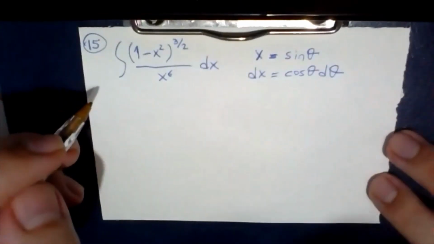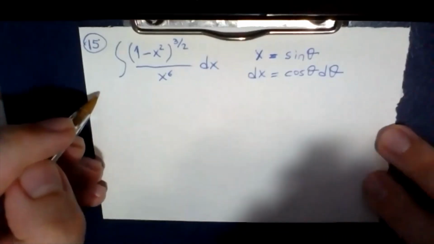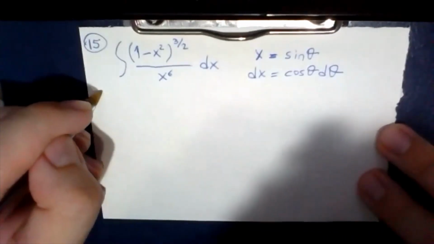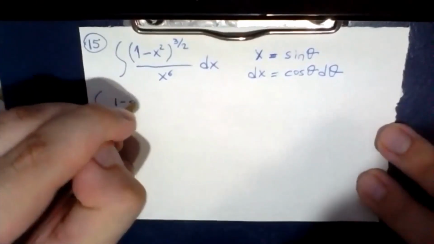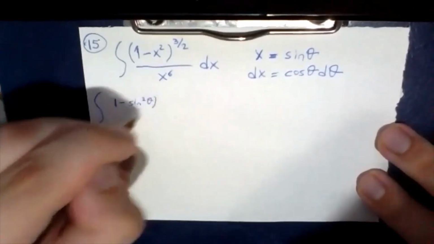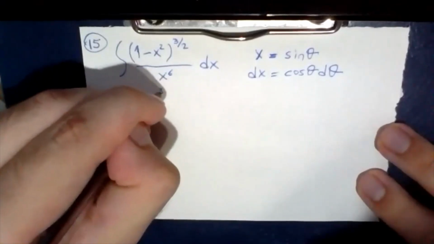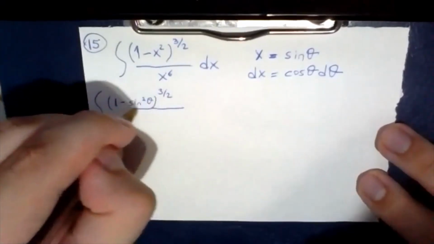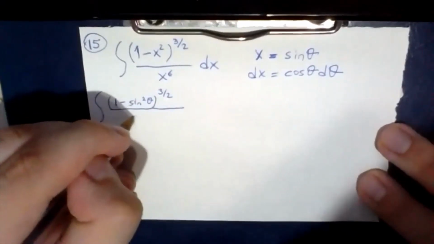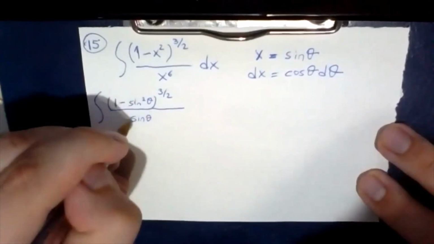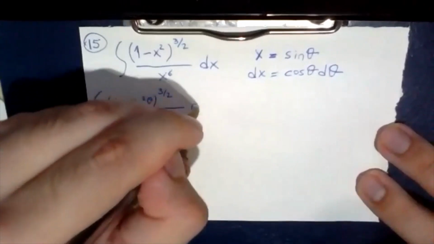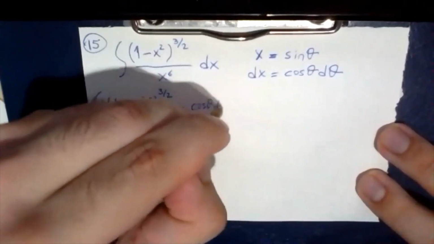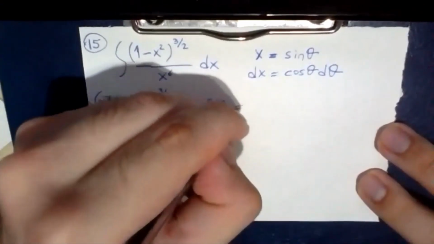Next, we transform everything in terms of theta. So instead of 1 minus x squared, we can write 1 minus sine square theta with power 3 over 2, over x to the 6, which means sine theta to the 6. And instead of dx, we write cosine theta d theta.